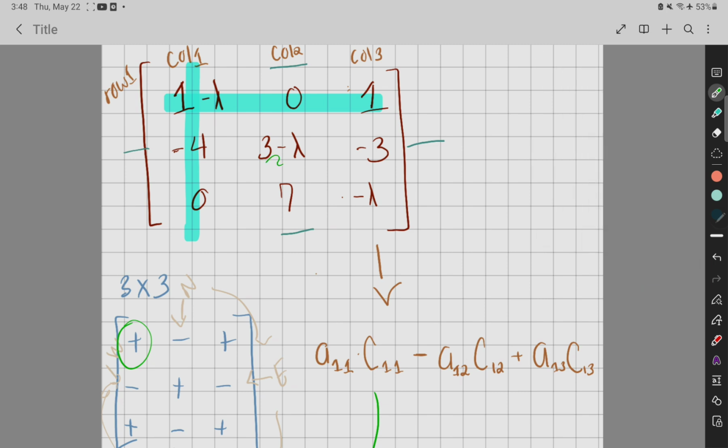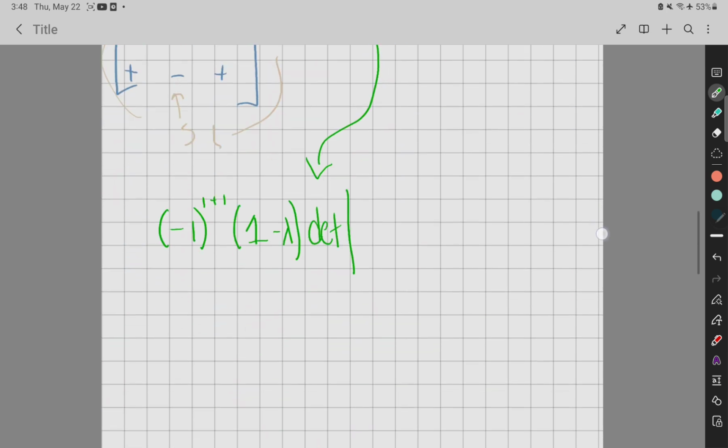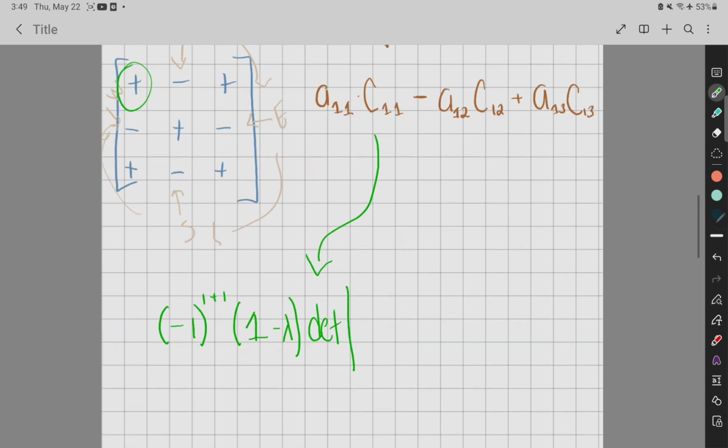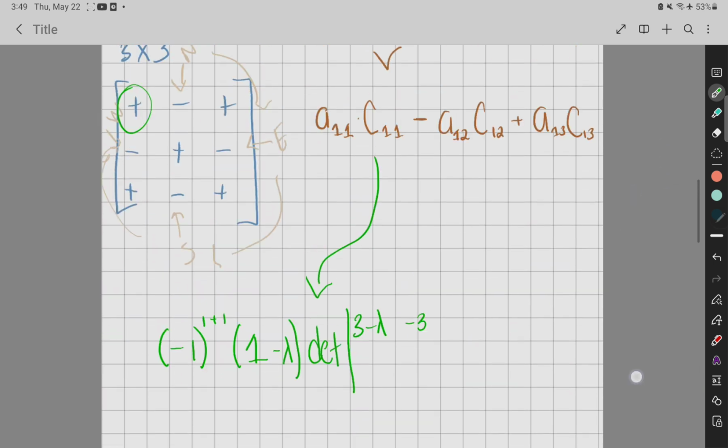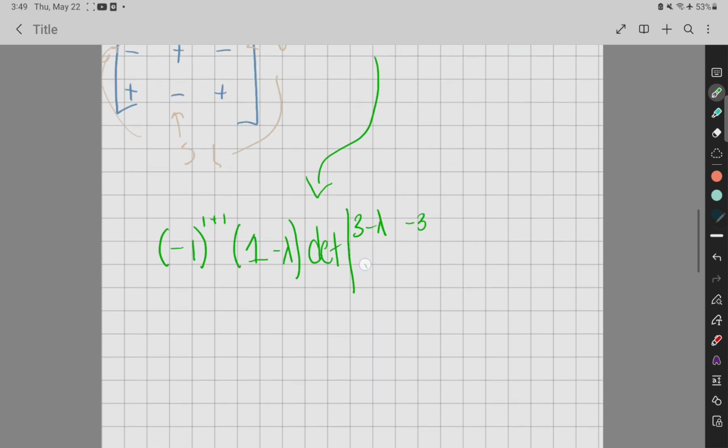Okay, we have 3 minus lambda, minus 3, 7, and then 7 minus lambda. So then we're just going to write that down. So 3 minus lambda, minus 3, and 7 minus lambda. Boom. Let me just scoot this over here.